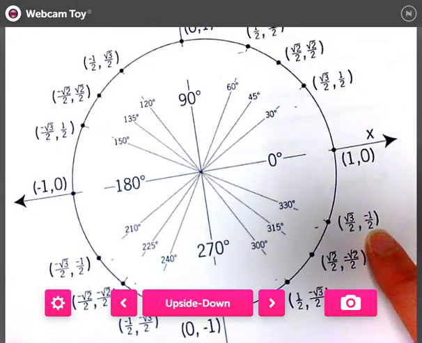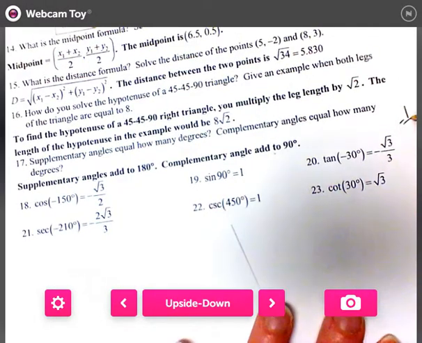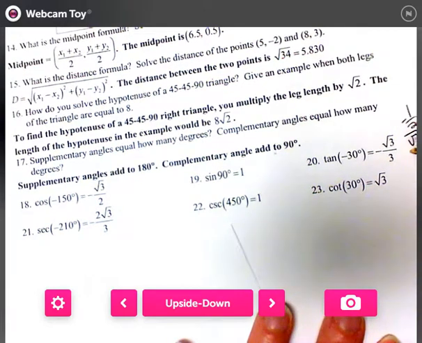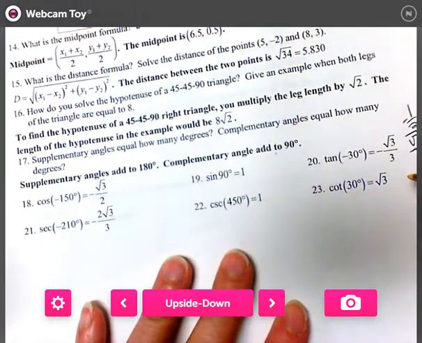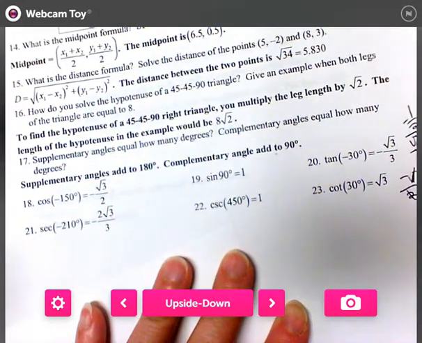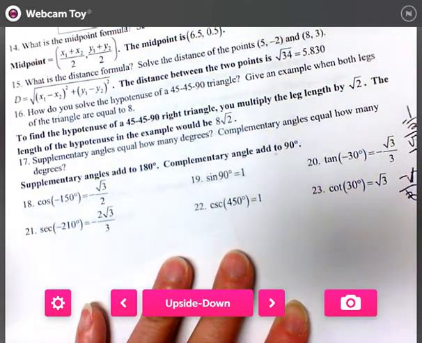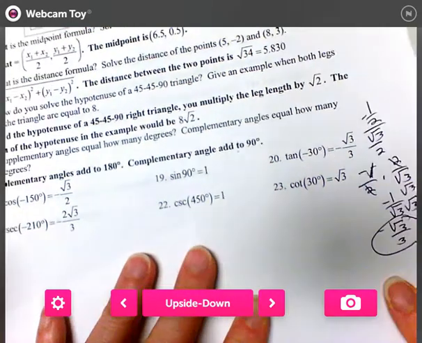So we want negative 1/2 over square root 3 over 2. So that's negative 1/2 times 2 over the square root of 3. These cancel. I get negative 1 over square root 3. Multiply the square root 3 by the top and bottom. I get negative square root 3 over 3 as my answer.